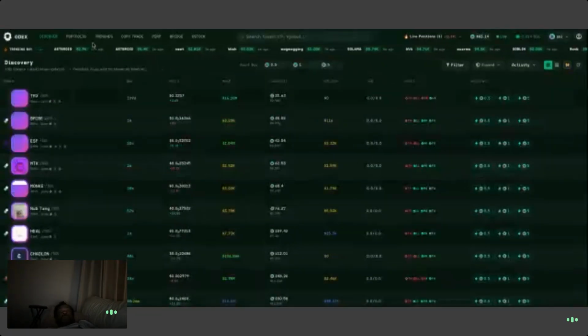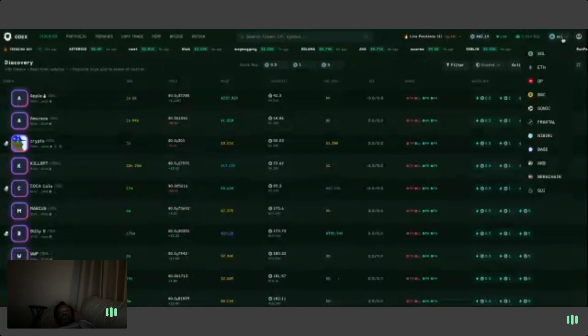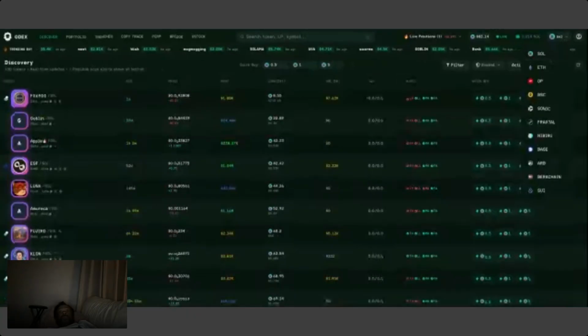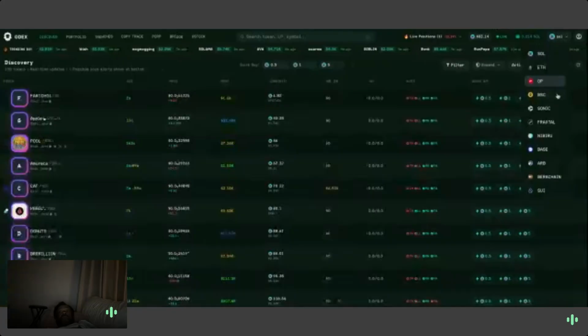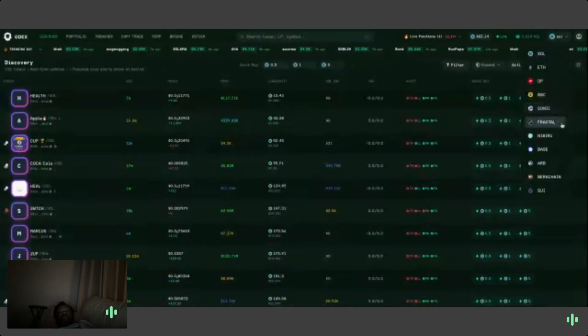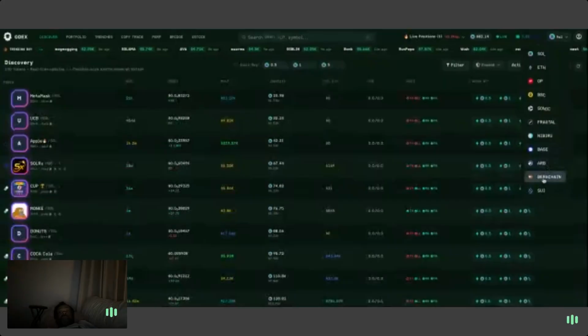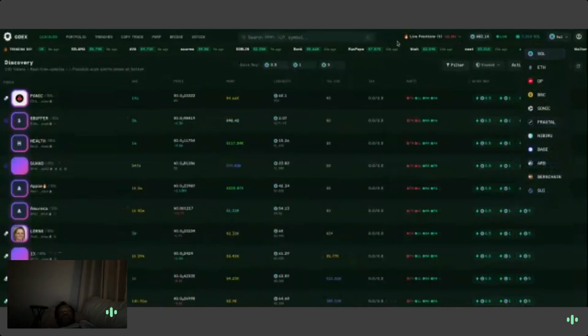So just going through here. Depending on the chain you're on, you can go over here on the right-hand side. And you can see we're on multiple chains: Solana, Ethereum, Optimism, Binance, Sonic, Fractal, Nibiru, Base, Arbitrum, Verichain, and Sui. You can trade on any one of these chains, fully operational.